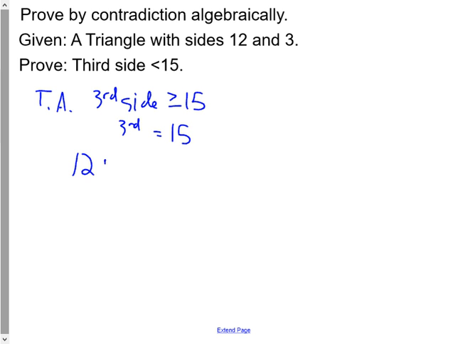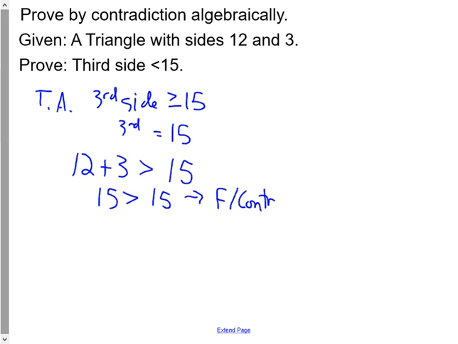The smallest two sides must add to be greater than the third side. That's the inequality from 5-5. So 12 plus 3 is 15. Is 15 greater than 15? Nope, that's false. Contradiction. So the third side must be less than 15.